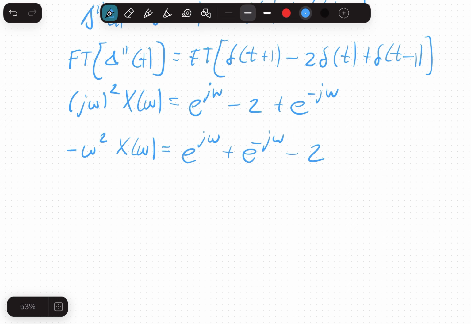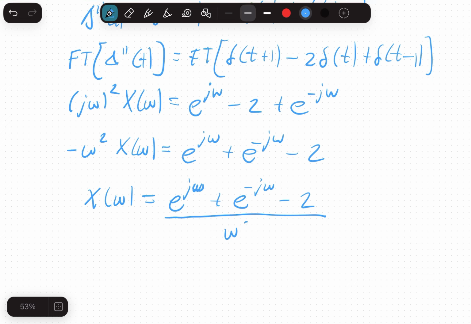But before working that, we can simplify this a little bit and just solve for X of omega. So we have e to the j omega plus e to the negative j omega minus 2, over negative omega squared.